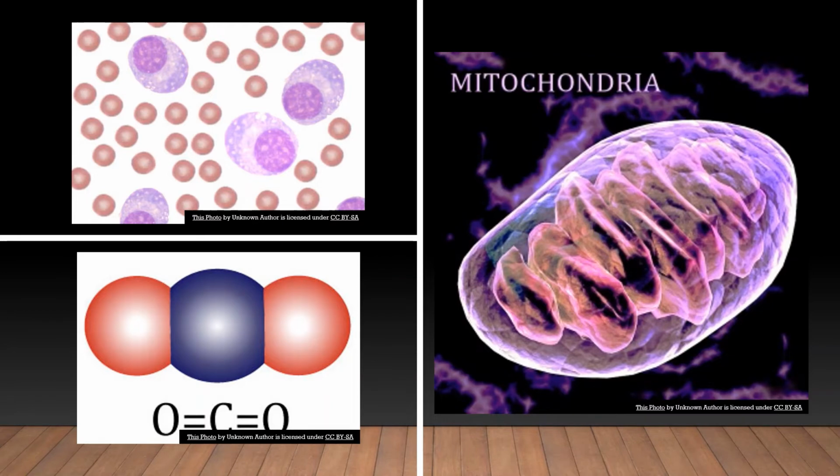Carbon dioxide is produced by cell metabolism in the mitochondria. You might remember the mitochondria from high school as the powerhouse of the cell. The amount produced depends on the rate of metabolism and the relative amounts of carbohydrate, fat, and protein being metabolized.